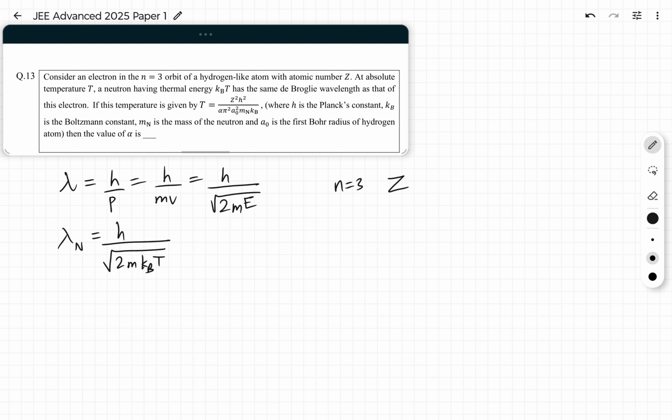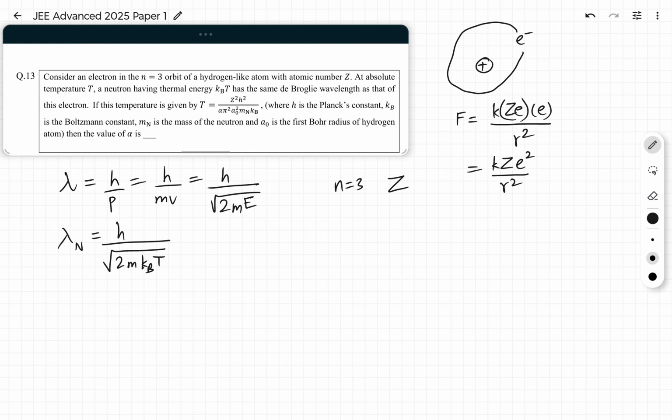So we know something from classical mechanics. Let's try to derive this relation. The nucleus is positive protons and there is one electron, and it is revolving in the third orbit. So we know that the Coulomb force will be F equals kZe·e by r squared, kZe squared by r squared.